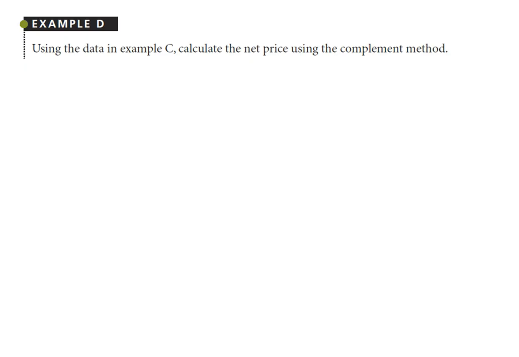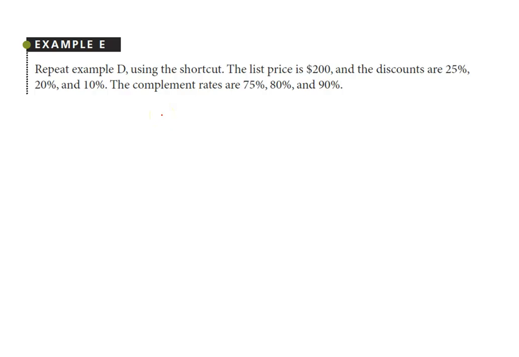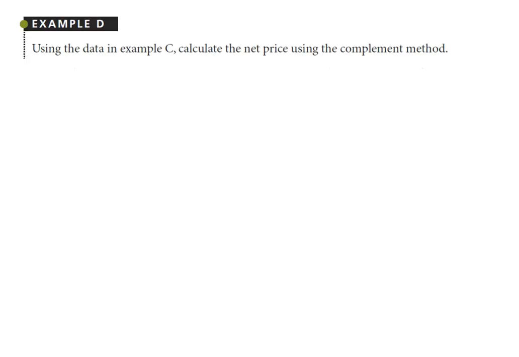So that was just one way to calculate this. We can also use the complement method. And so we're going to use the same data here. So remember that was a $200 list price, and we had series discounts of 25%, 20%, and 10%. So by using the complement method, we're going to find the complements of each of these.